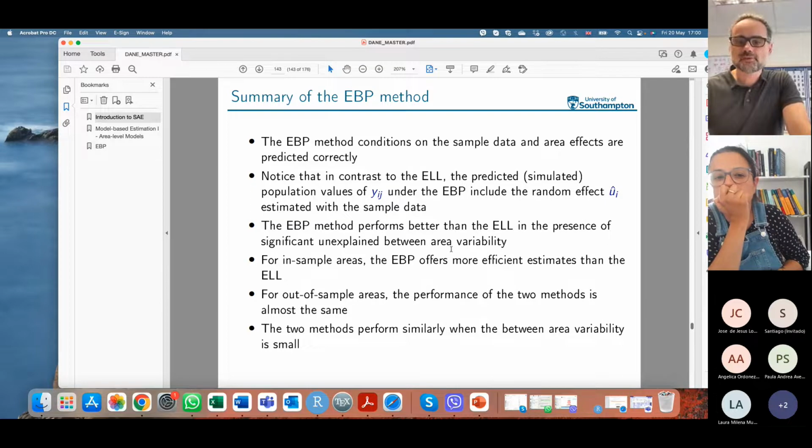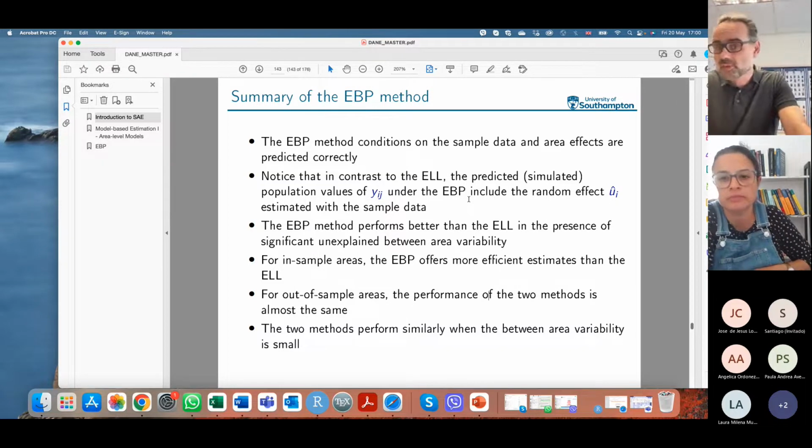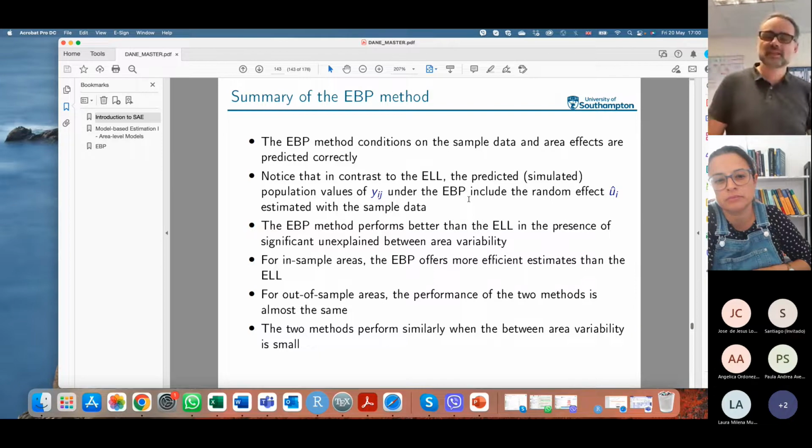The EBP method performs better than the ELL in the presence of significant unexplained between area variability. But if you don't have a lot of between area variability because your covariates explain a big part of that, then the two methods may not be very different. For in-sample areas, so for 50% of the data in the case of Colombia, the EBP method potentially offers more efficient estimates than the ELL, but for the out-of-sample areas, the performance of the two methods is almost the same.